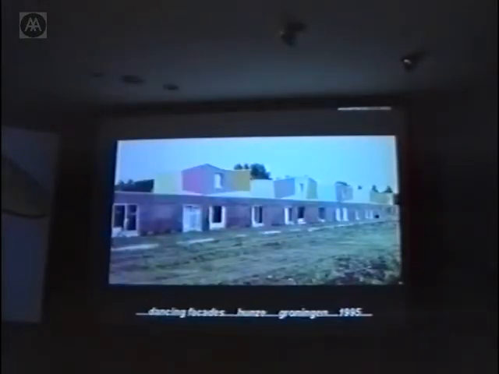And this dazzle painting originated in a computer drawing, in a computer sketch. These projects we started at the end of the 80s and realized in the beginning of the 90s.